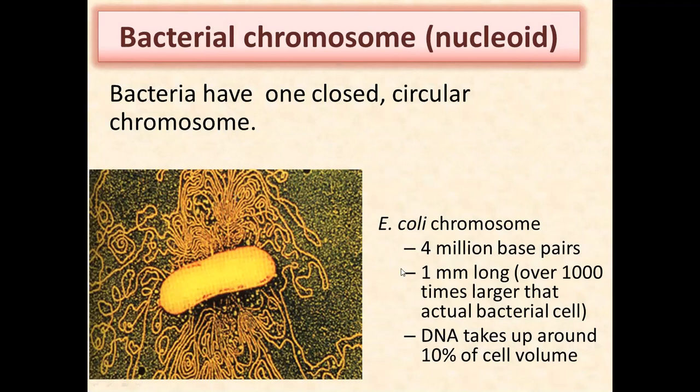The bacterial chromosome is longer than 1 millimeter, so we can see it with the naked eye. It is 1,000 times longer than the bacterial cell and contains approximately 4 million pairs of nucleic bases. And the content of DNA is rather high in bacteria. It's approximately 10% of cell volume.